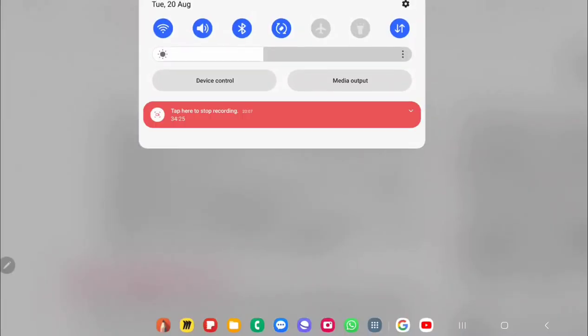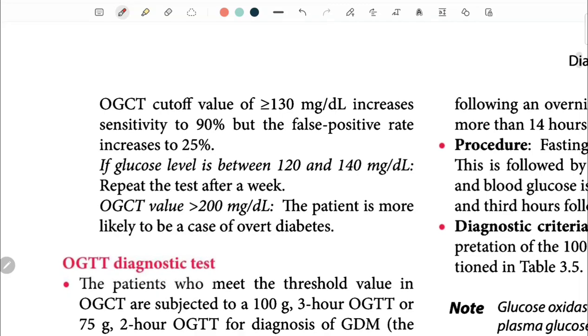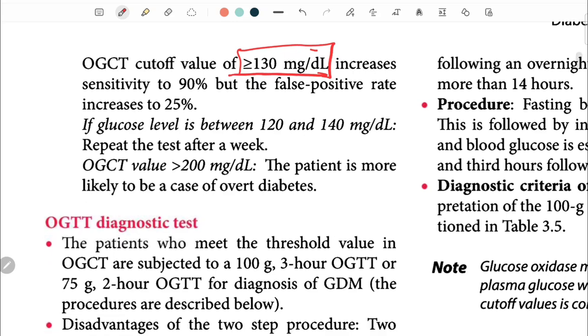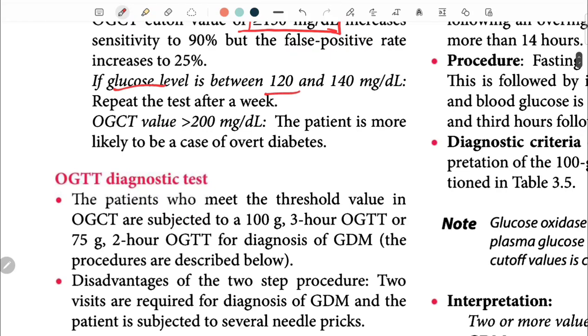An OGCT cutoff value of more than or equal to 130 milligram per dL increases the sensitivity to 90%, but the false positive rate also increases. If the glucose level is between 120 and 140, you need to repeat the OGCT after a week.